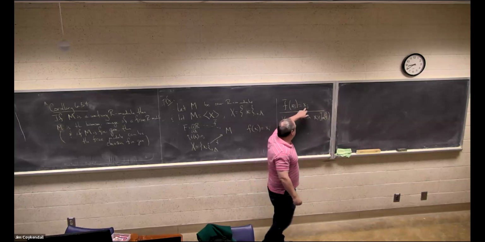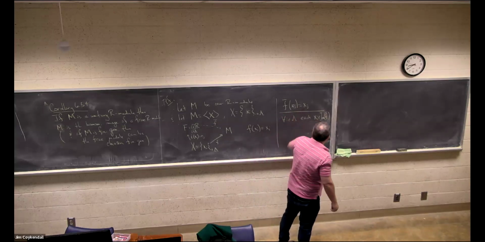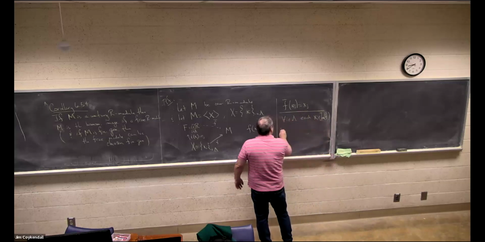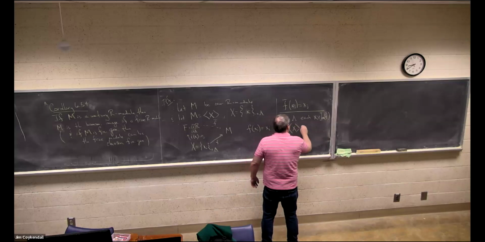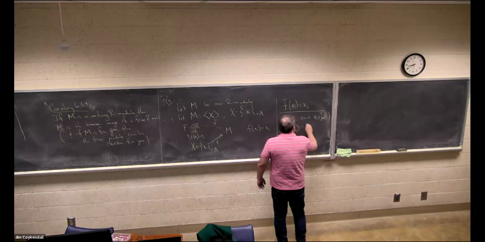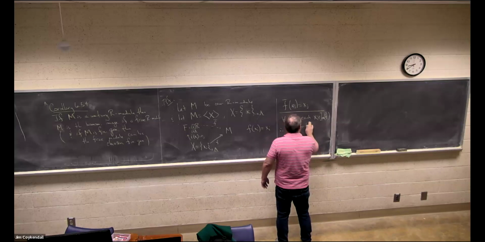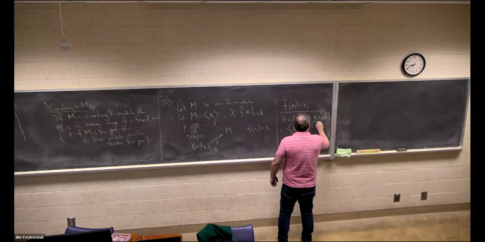Each one of these elements is in the image. Therefore, what's generated by X, which is M, is contained in the image of F bar.